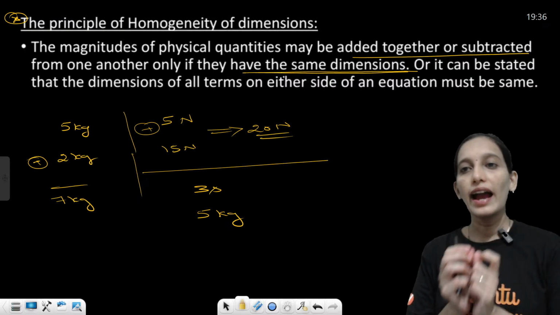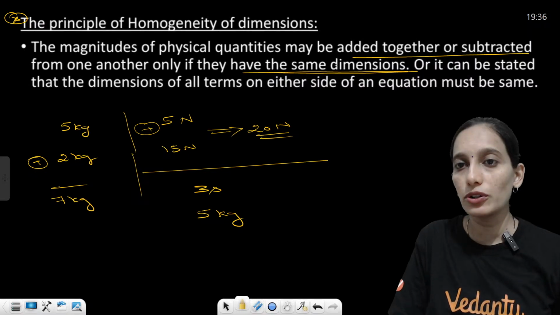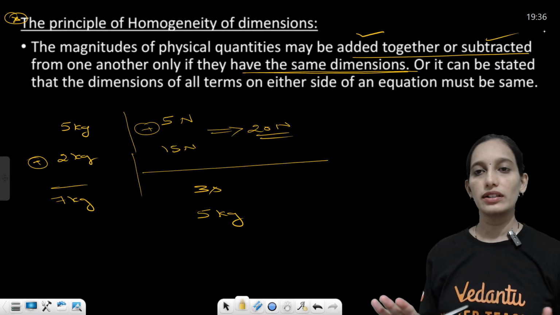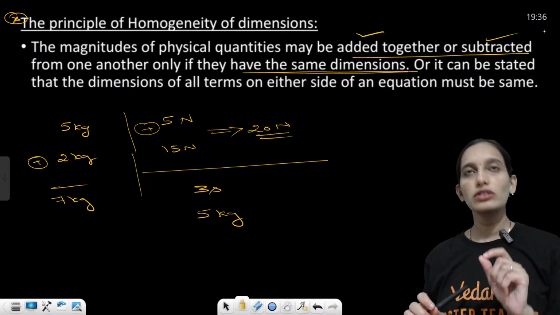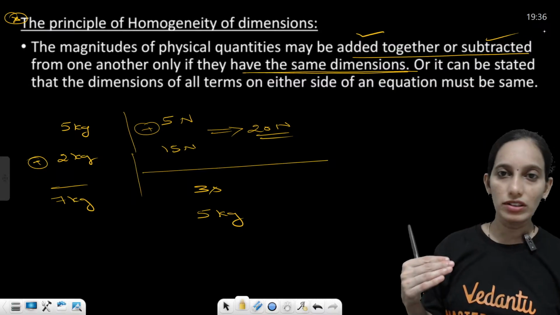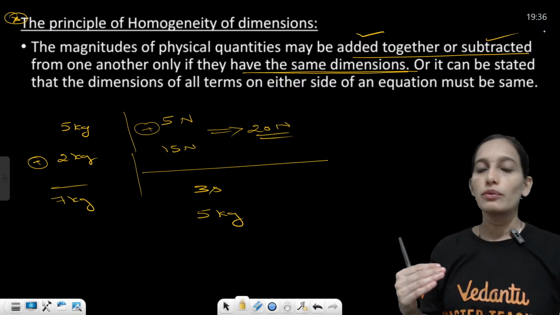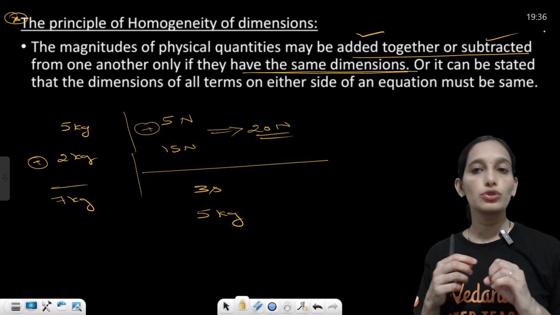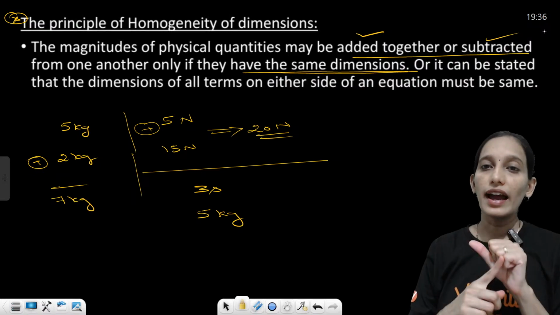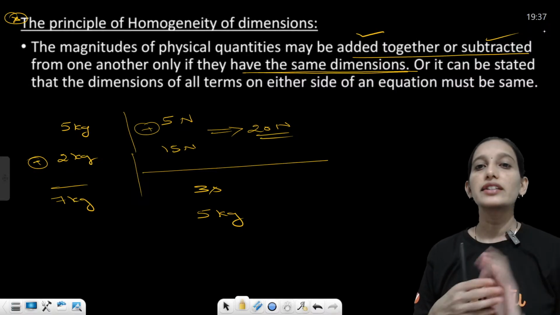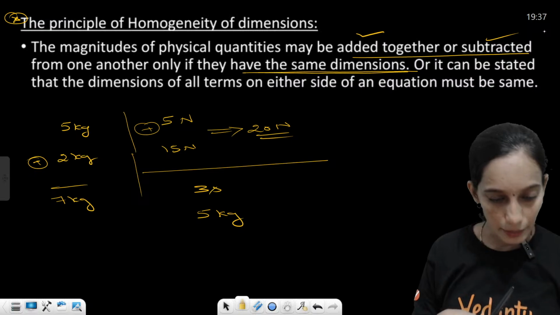So this is with respect to addition and subtraction. Multiplication and division you can do, no doubt in that. Because you can imagine, displacement by time I can do, which will give me velocity. Distance by time I can do, which will give me speed. With respect to multiplication and division, there is no problem at all. But when we are adding or subtracting, we should add or subtract the quantities which have the same dimension.